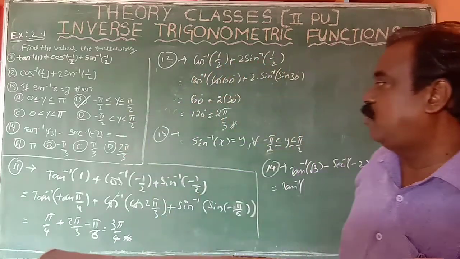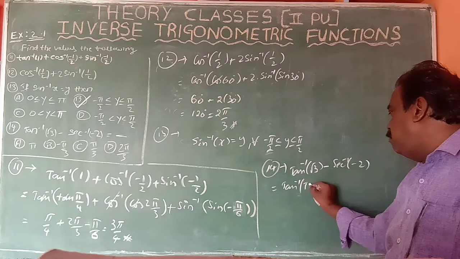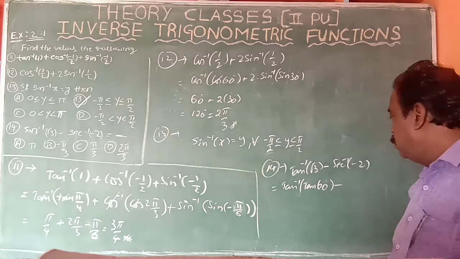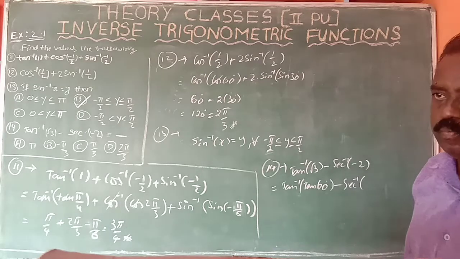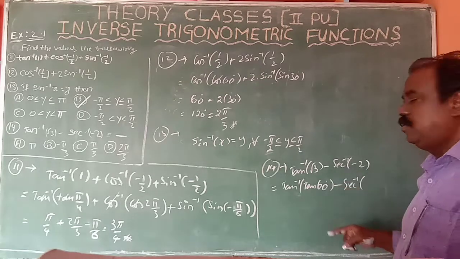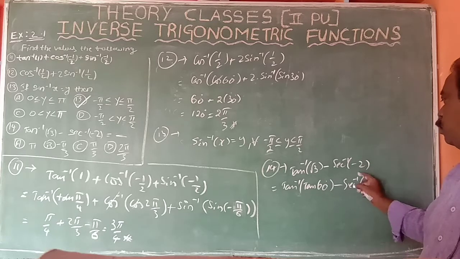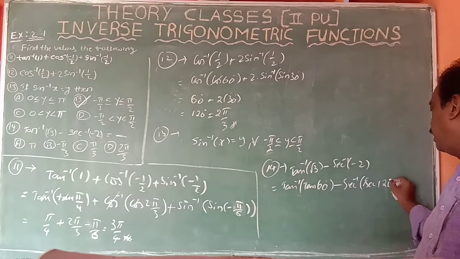Tan inverse root 3 will come for tan 60 degrees. And secant inverse of minus 2: in the case of cos it is minus 1 by 2, and here it is minus 2. It is a secant of 120 degrees.